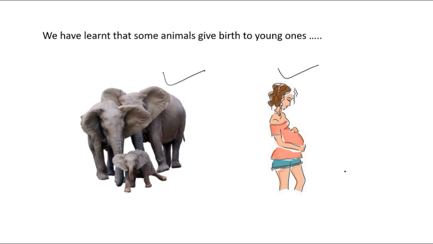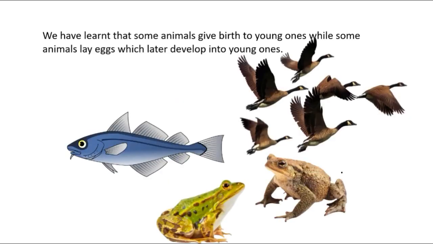Dogs, they don't lay eggs, right? But what about aquatic animals? Toads, frogs, fish, birds, they lay eggs, right? So there are two different types of reproduction. One is by laying eggs, right? The other one is inside the body without laying eggs.